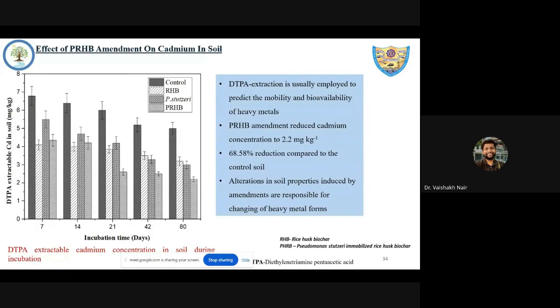Whereas in the control, that is without the microorganisms present in the soil, they can actually also do some remediation, so it did not reduce much. But you can see after 80 days, there was a drastic reduction. More than 3 times it reduced. So around 68.58% reduction was seen compared to the control soil.